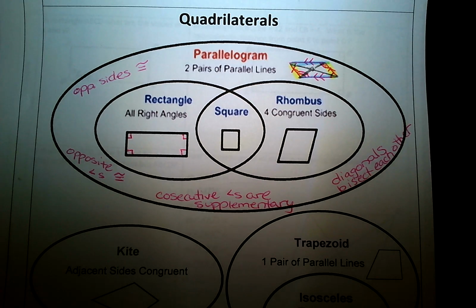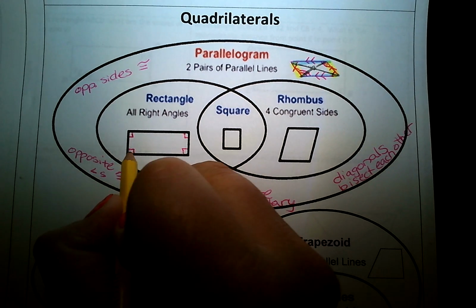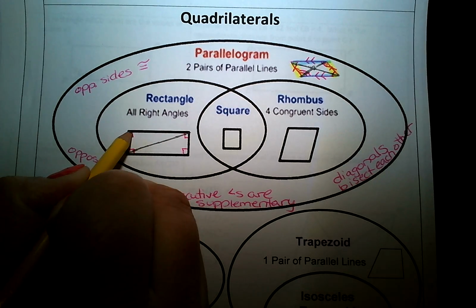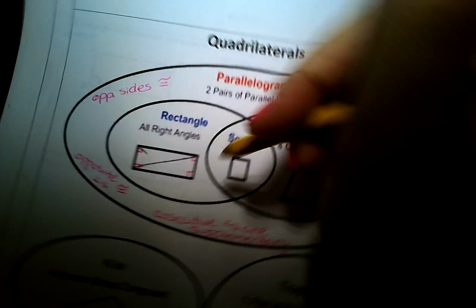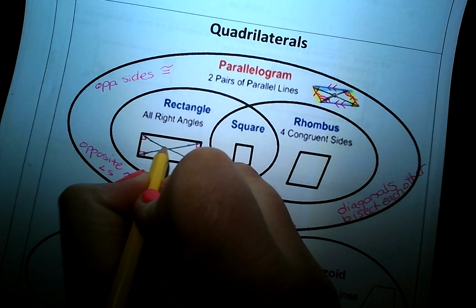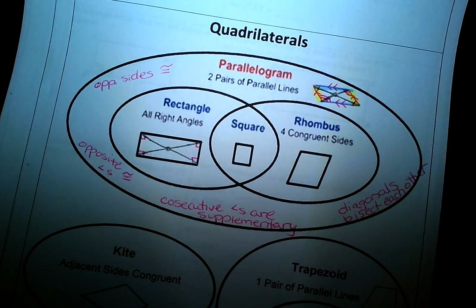Plus, now we have the feature that all the angles are right angles. Let's see what that does to the diagonals. We know that because a rectangle is a parallelogram, this point in the middle is still a midpoint.